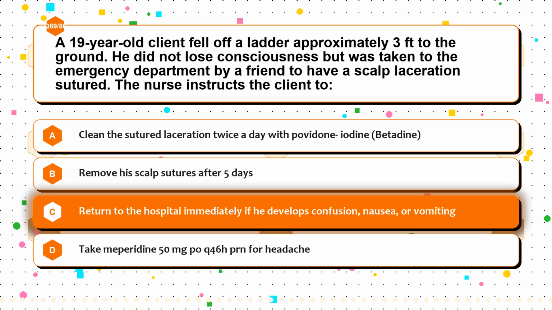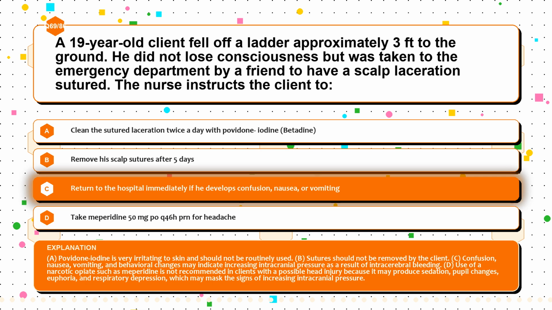The correct answer is option C. Return to the hospital immediately if he develops confusion, nausea, or vomiting. A. Povidone iodine is very irritating to skin and should not be routinely used. B. Sutures should not be removed by the client.